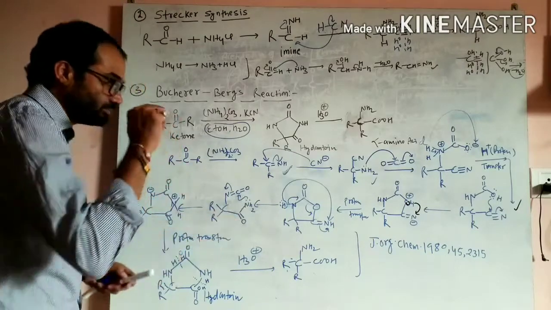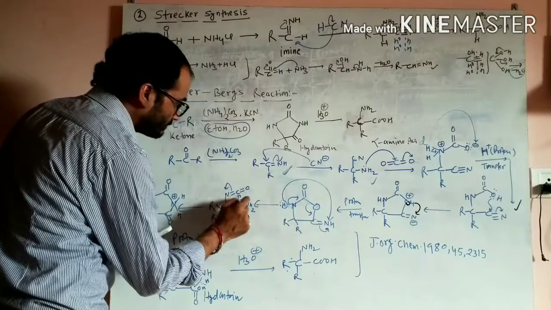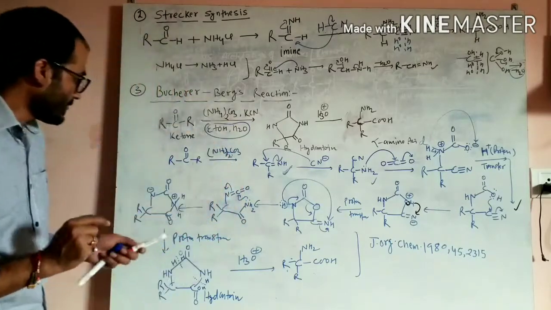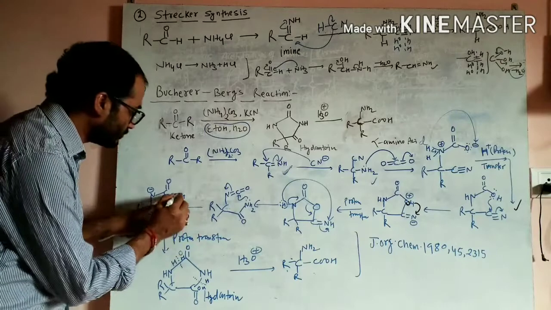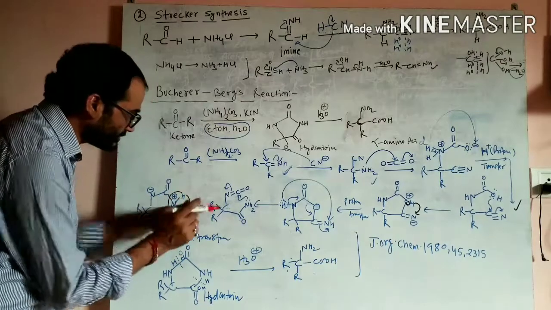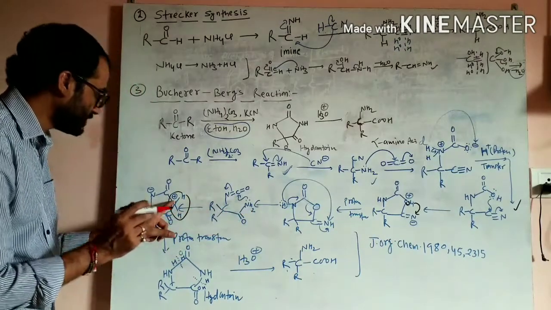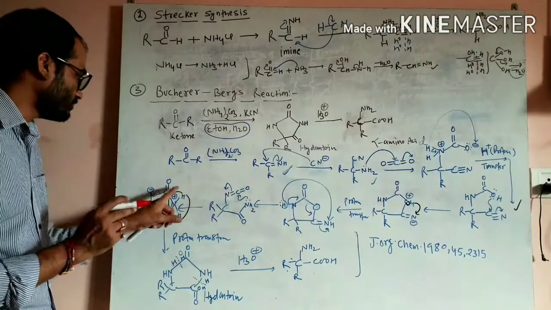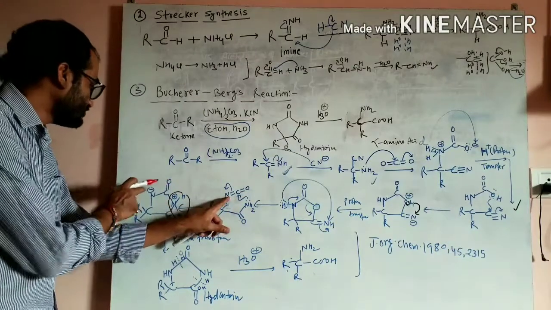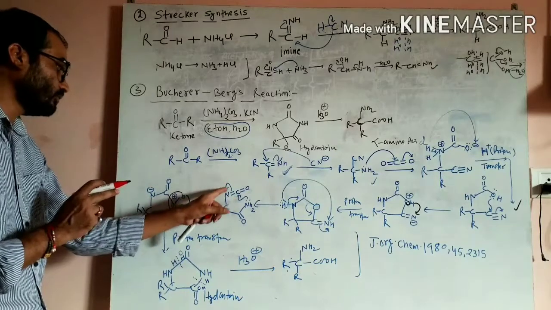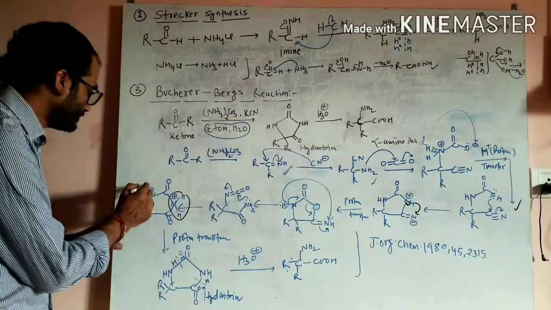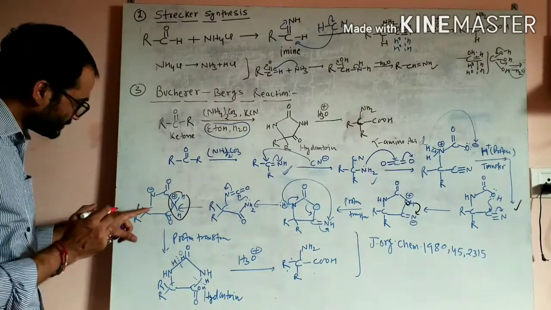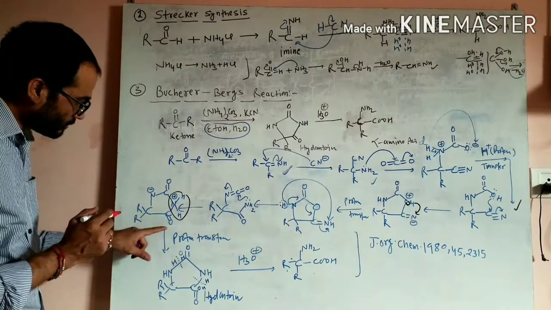This nitrogen will attack this carbon. So ultimately this NH2 group will be converted into NH. This is NH2, this is the plus charge. C double bond O, and this nitrogen is getting a negative charge because it is accepting two lone pair electrons from here. This is the nitrogen charge, and this is carbon C double bond O.